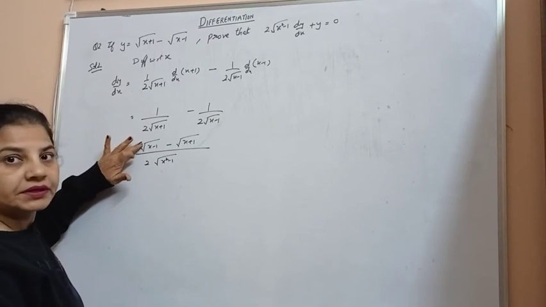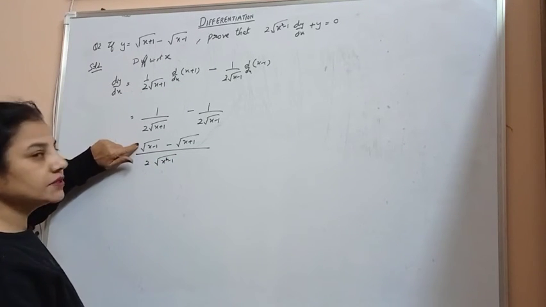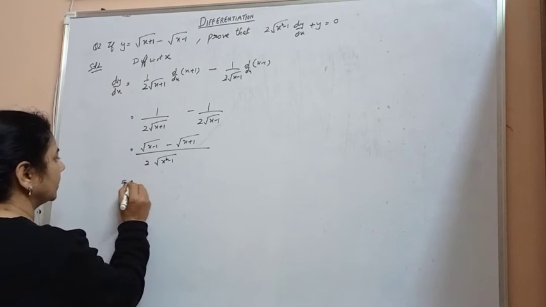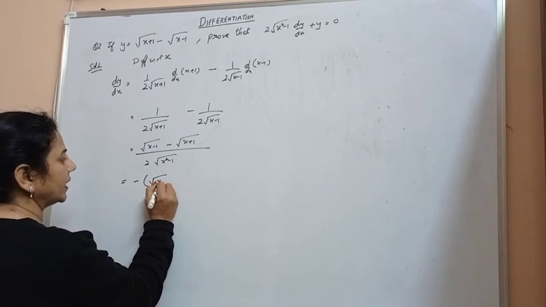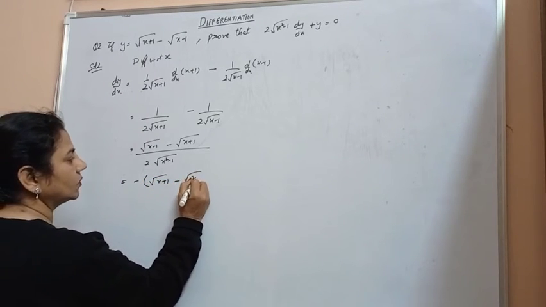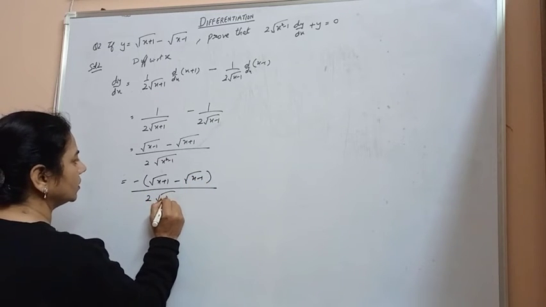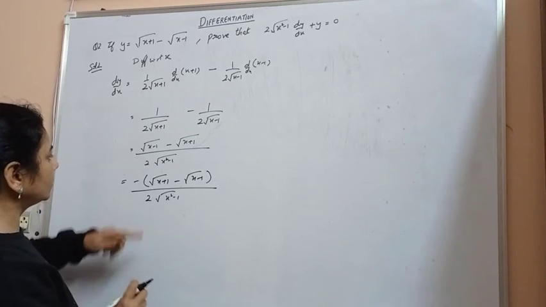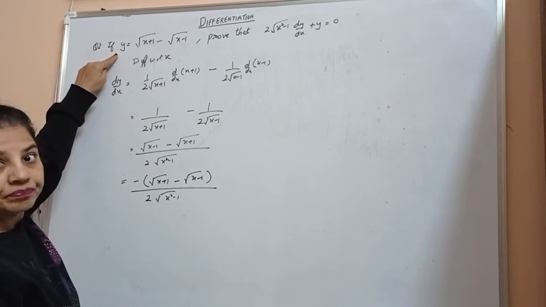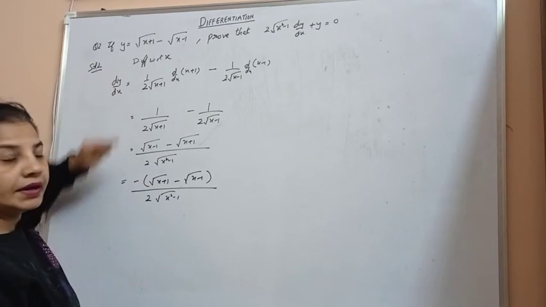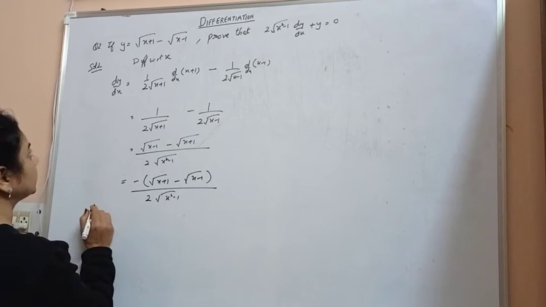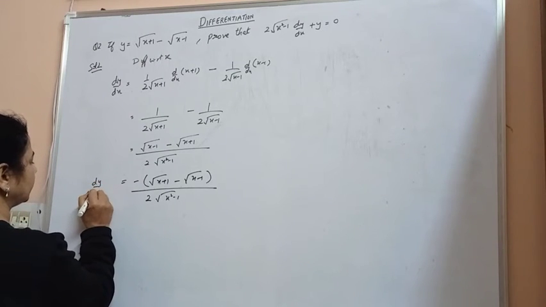Now observe the numerator carefully. If I take minus common, what should I get? Minus (under root x plus 1 minus under root x minus 1) divided by 2 under root x square minus 1. Now this is the same as y. So instead of this I can put y. And this is dy by dx.